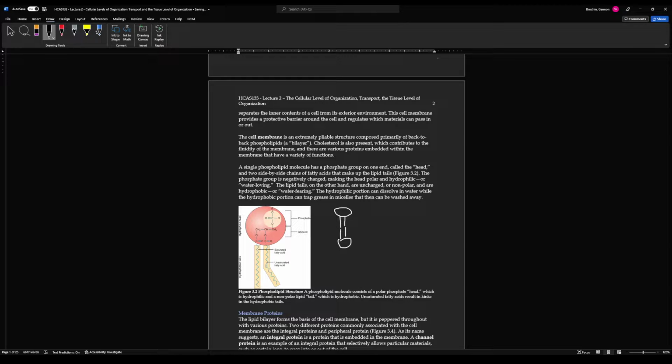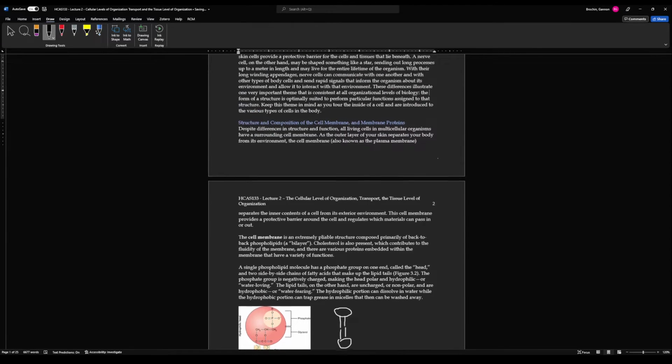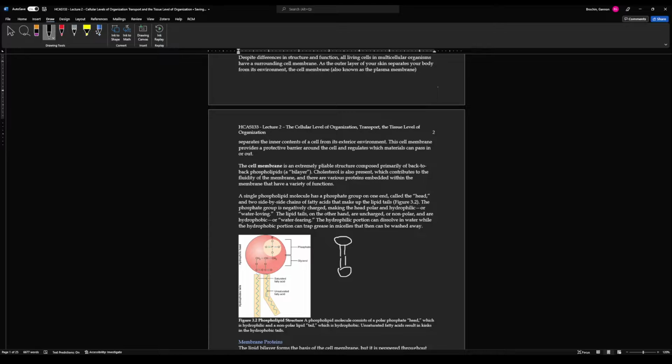Now, this is important for the function of the cell membrane because the membrane is selectively permeable. Okay, this means that certain particles have the ability to go through the membrane without requiring any energy, without even requiring membrane proteins, which we will talk about shortly.